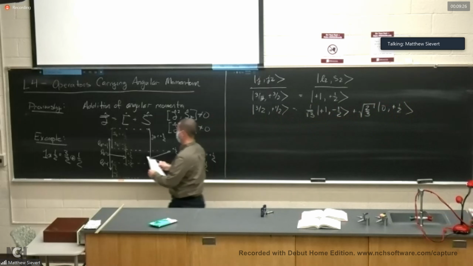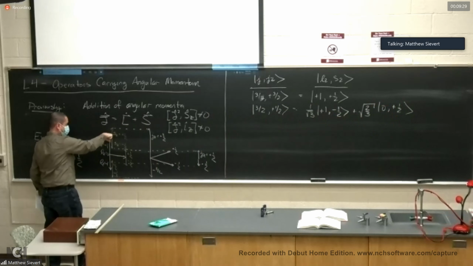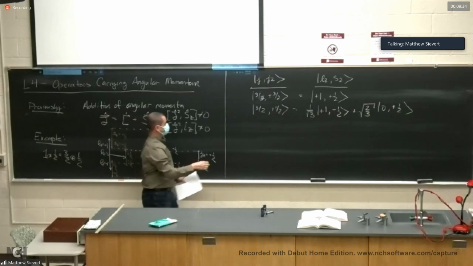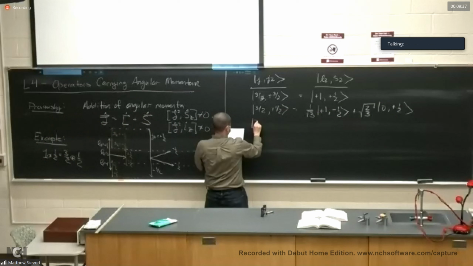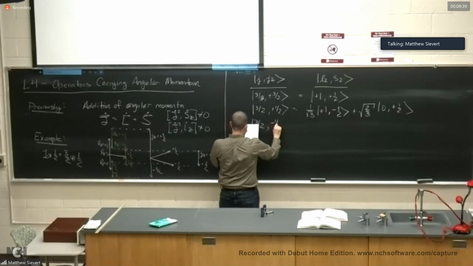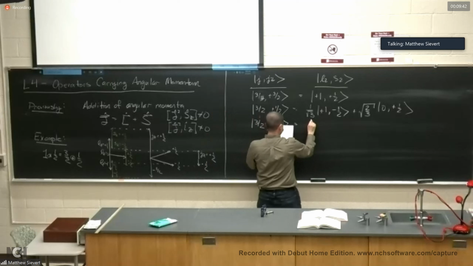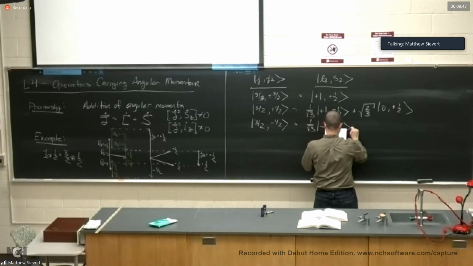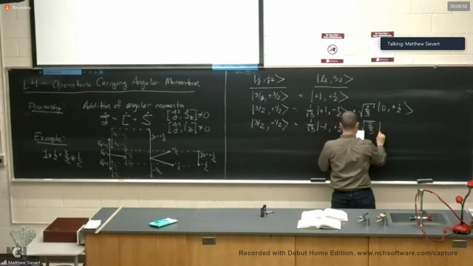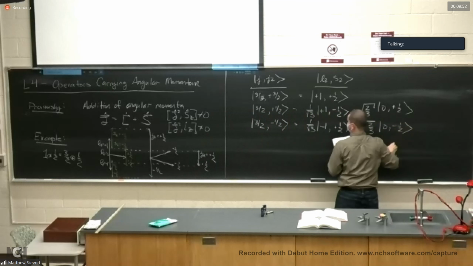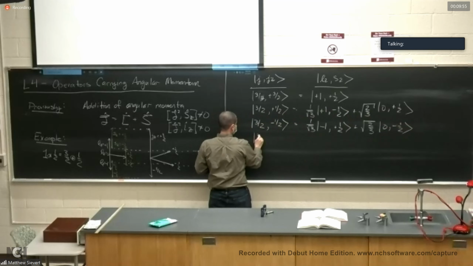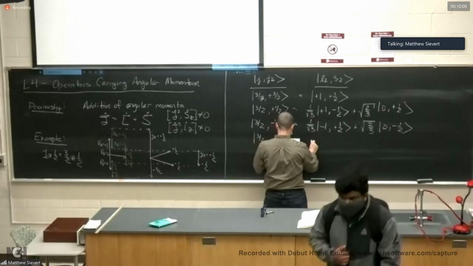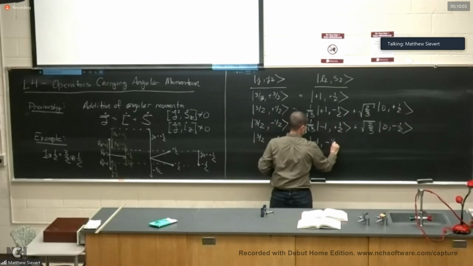This is the combination of this angular momentum up, spin down, and this angular momentum 0, spin up that forms this state. Likewise, we had 3/2 minus 1/2 given by 1/√3 minus 1 plus 1/2 plus √2/3 0 minus 1/2. 3/2 minus 3/2 was given by the unique state -1 minus 1/2.